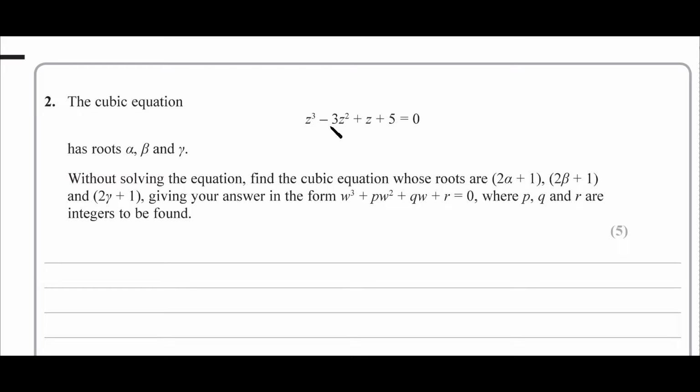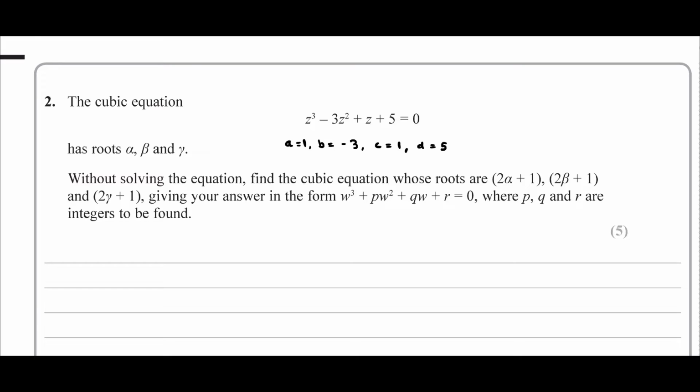Without solving the equation, we have to find the cubic equation whose roots are 2 alpha plus 1, 2 beta plus 1, and 2 gamma plus 1, giving your answer in the form w cubed plus pw squared plus qw plus r equals 0, where p, q, and r are integers to be found. Well, with our cubic equation, a is equal to 1, b is equal to minus 3, c is equal to 1, d is equal to 5.